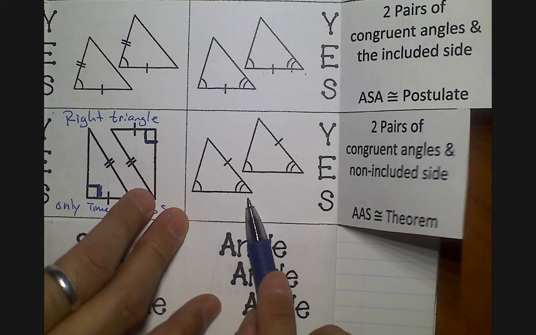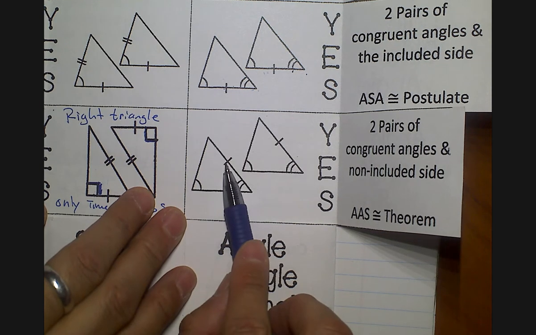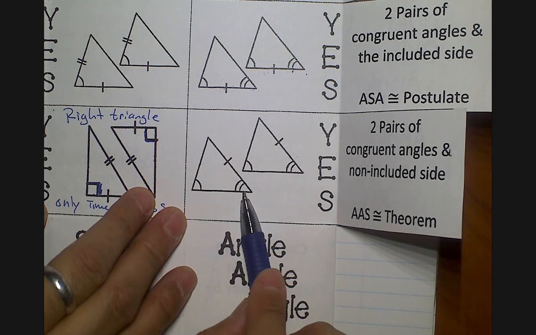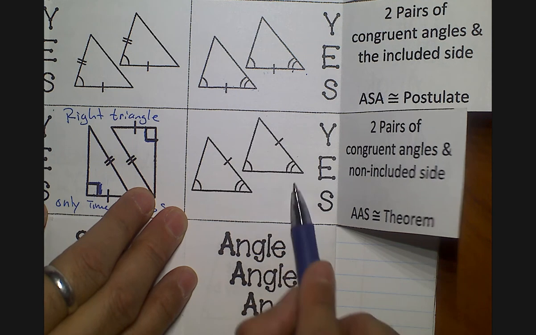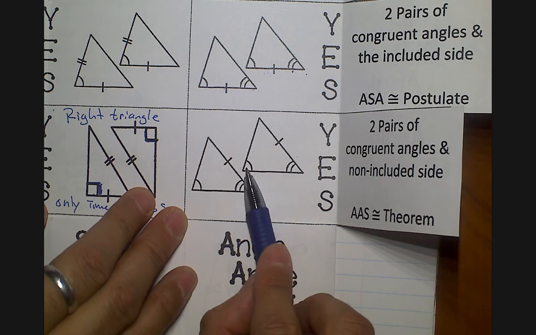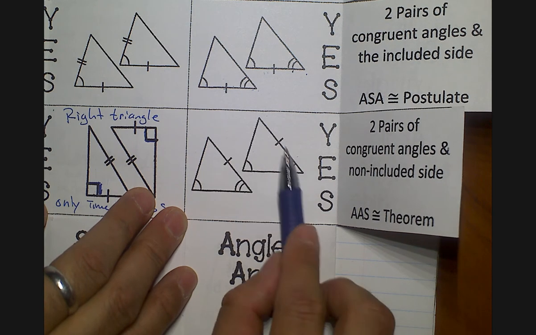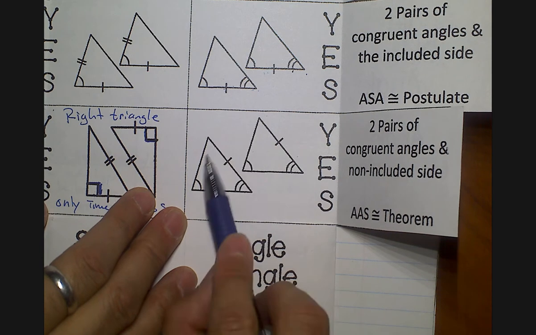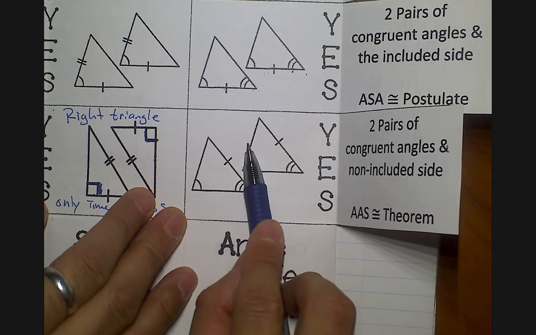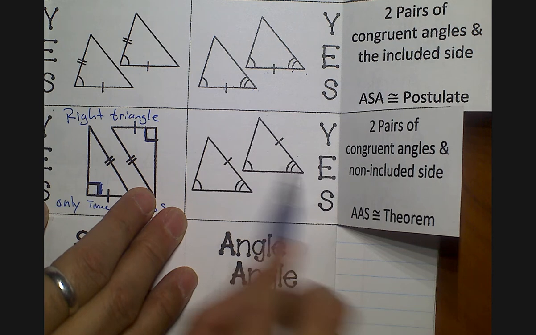But if you notice, the side is touching the double angle one, right? The one with the 2 tick marks. This one is also angle, angle, side. It is touching the double tick mark here, right?